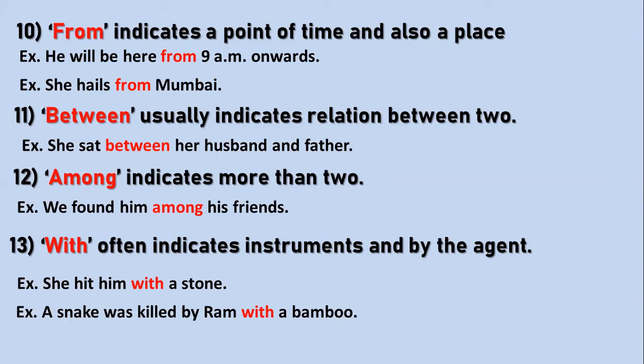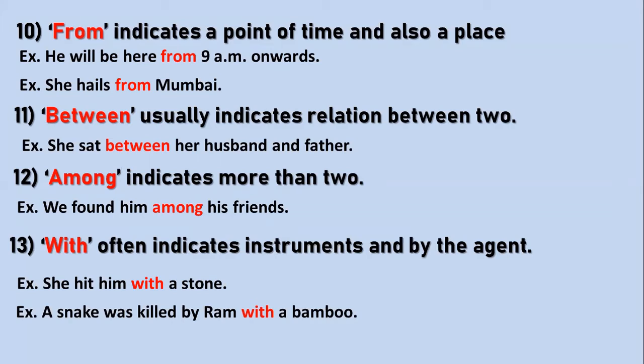For example, he will be here from 9 a.m. onwards. She hails from Mumbai. She comes from Mumbai or she belongs to Mumbai. So you can use from to indicate the point of time and also place.